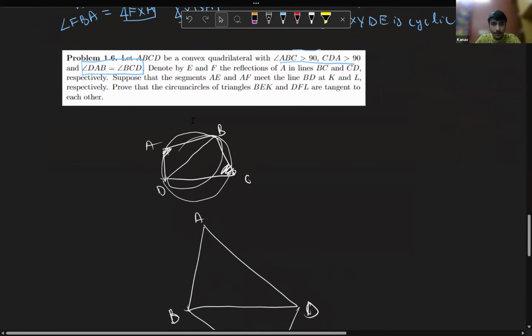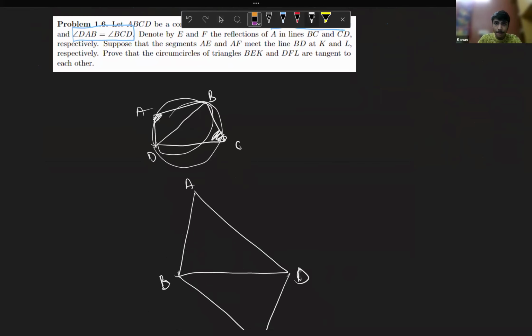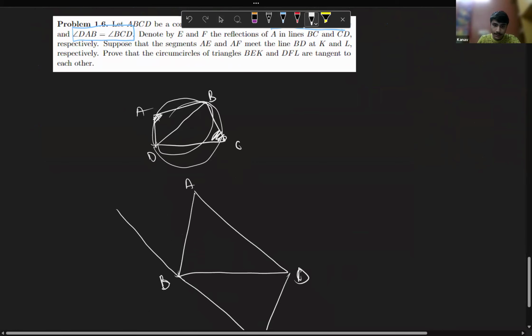And now we want the reflections of A in lines BC and BD. There's E, this is 90. There's F, this is 90 as well.